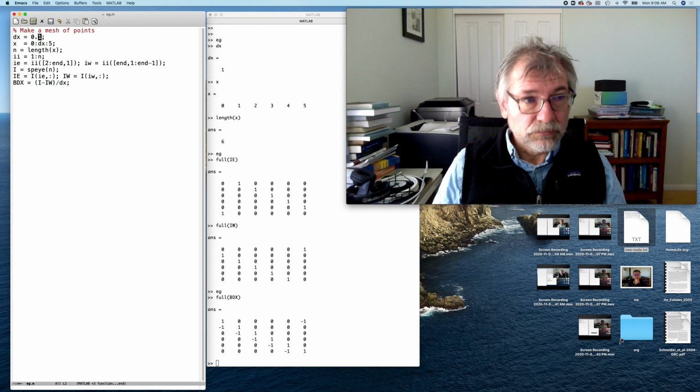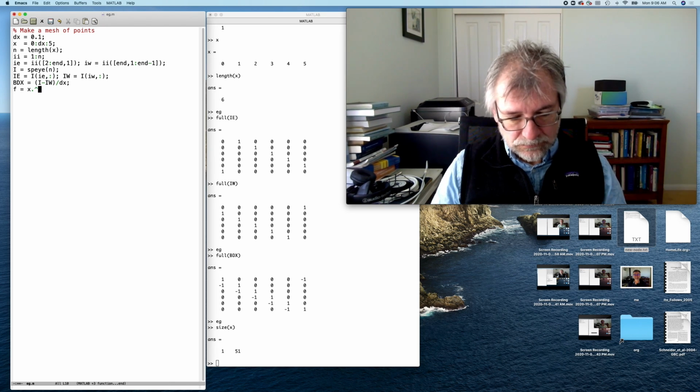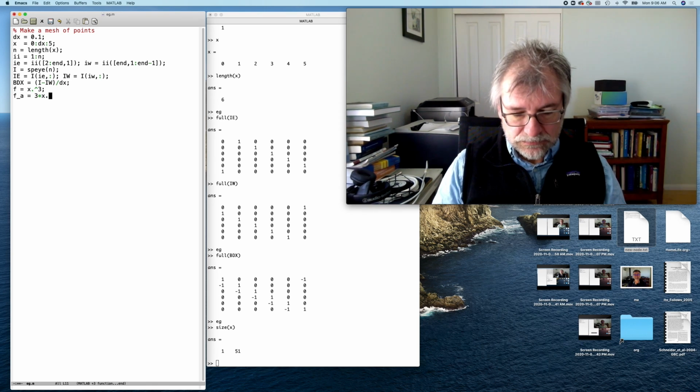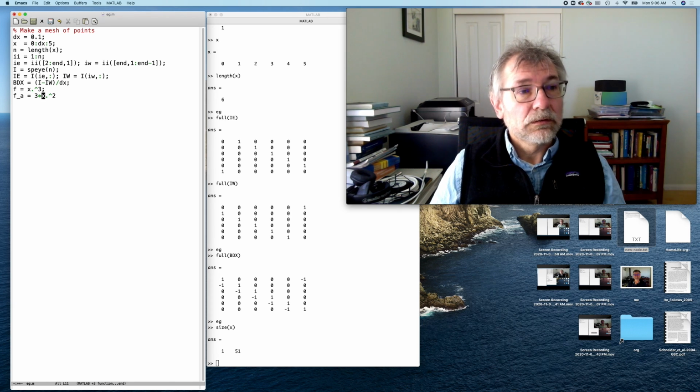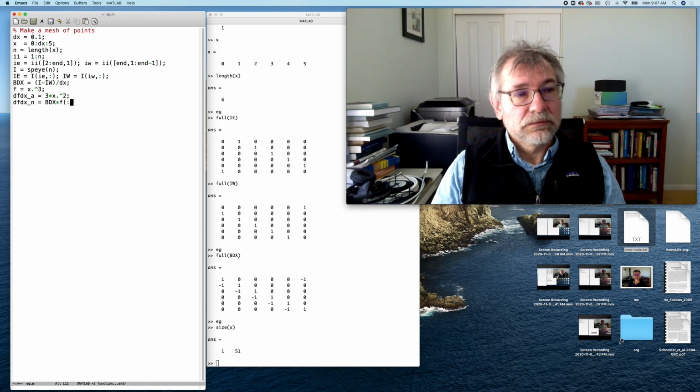Well, let's increase the dimensions and show that it really does do a derivative. So I'll put dx 0.1, f is equal to, let's say, x cubed, and the df dx analytical should be 3 times x squared. And the df dx numerical would be equal to BDX times f.